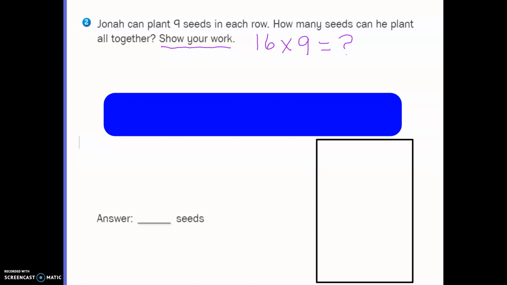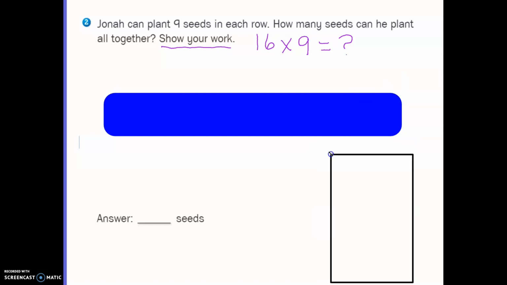Now, when you look at the page for number 2, there's not another garden there. Now, I know you could go up to the one above and count every little square that's there, but we're going to work on a new strategy to do that same thing, and it's really kind of simple.